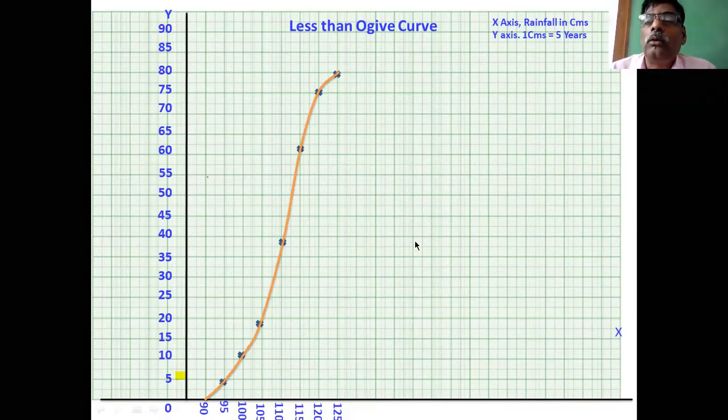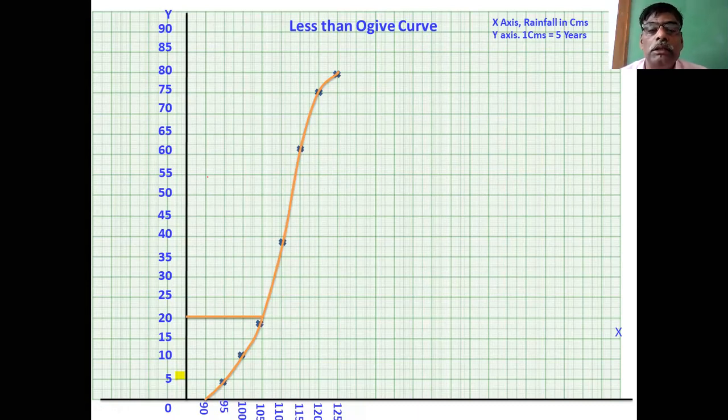Then you have to calculate Q1. Q1 is the 20th item. The 20th item means from the 20 point on the y-axis, you draw a straight horizontal line. Okay, just like this. I have drawn the line. And from the point where it touches the less than ogive curve, from that point you draw a perpendicular line to the x-axis.